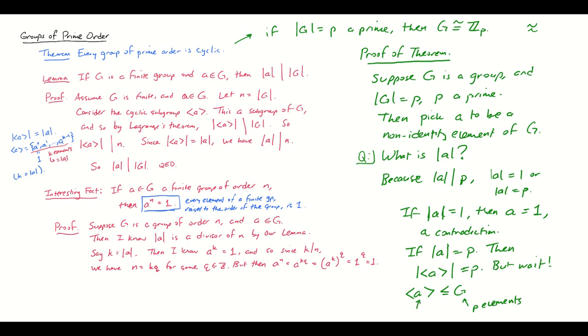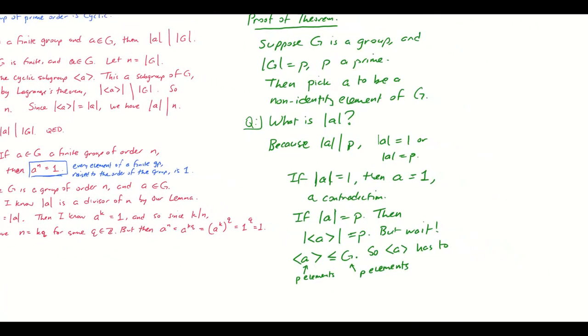So if G has P elements and this subgroup has P elements, well, then what does that mean? They have to be exactly the same elements. So this has to have all the elements of G. Okay, so that means the cyclic subgroup generated by A, that's all the elements of G. In other words, A generates G.